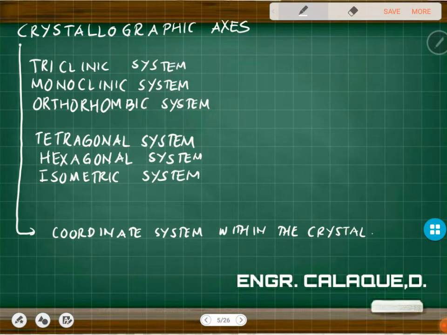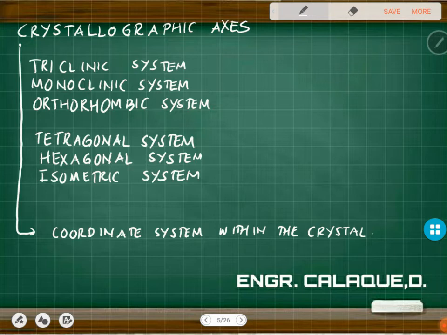Okay, so let's go to the crystallographic axes. We have 8. Not 8, 6. Okay, we have 6. Other books have 7 crystallographic axes. These are the primitive crystal systems.